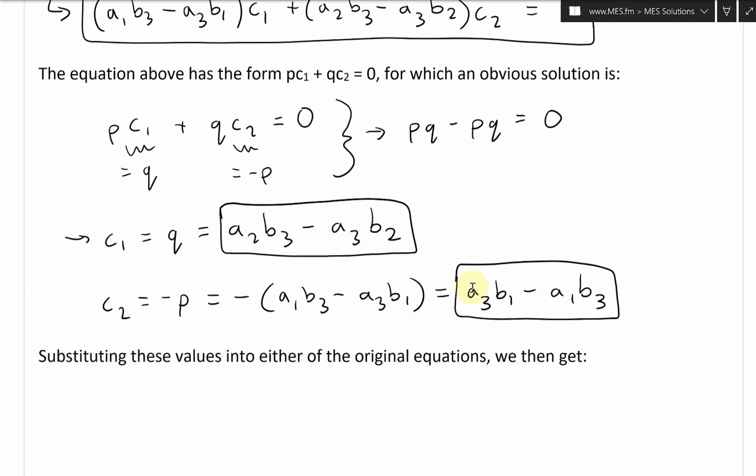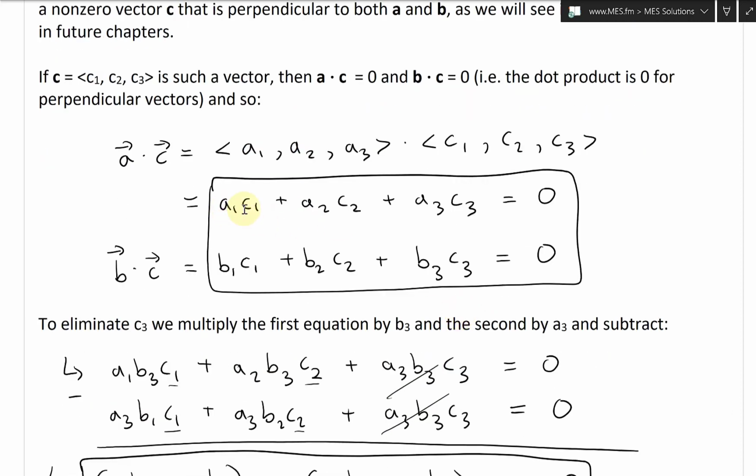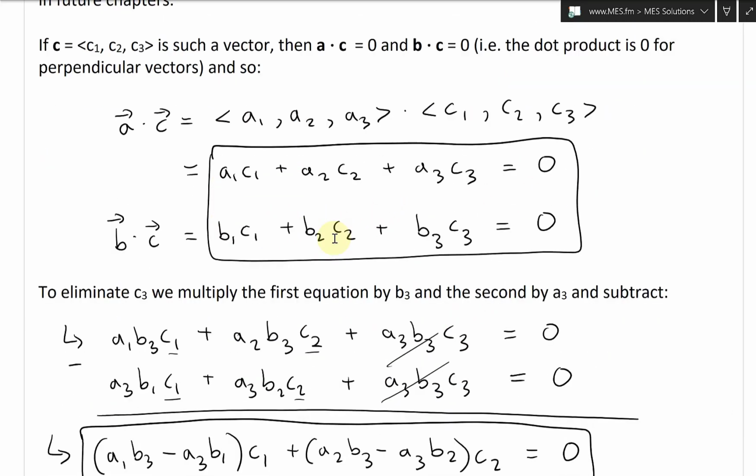All right, and now that we have these two formulas for C1 and C2, substituting these values into either of the original equations, if we put in C1 and C2 in either one of these, we could solve for C3. So let's look at the first equation and plug in our C1 and C2.